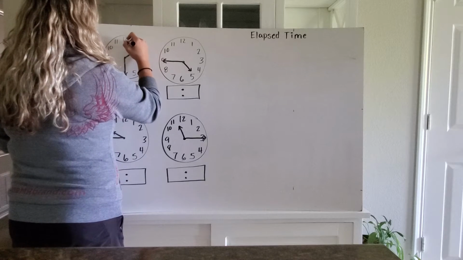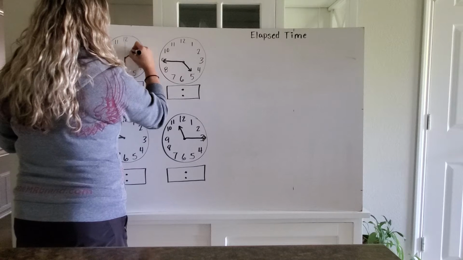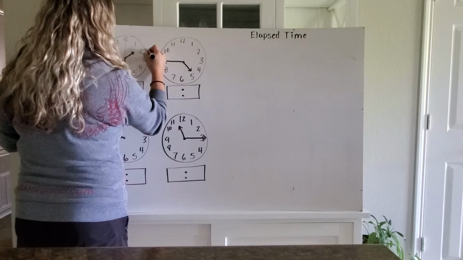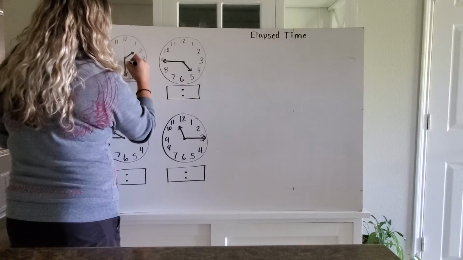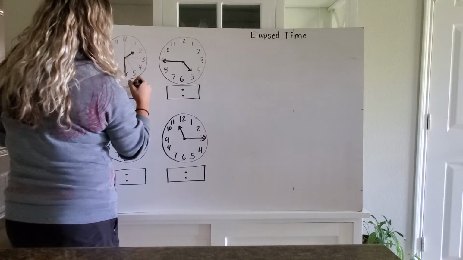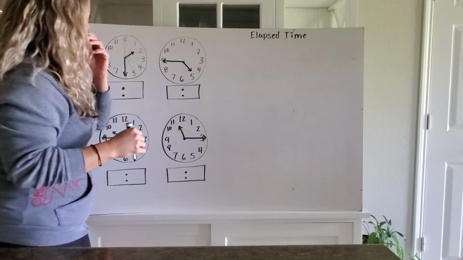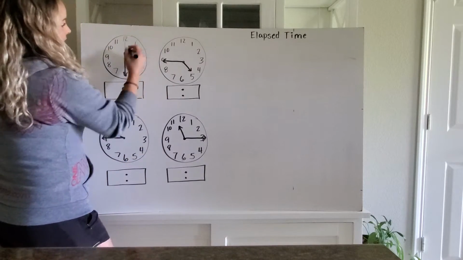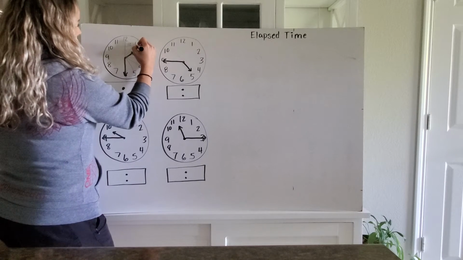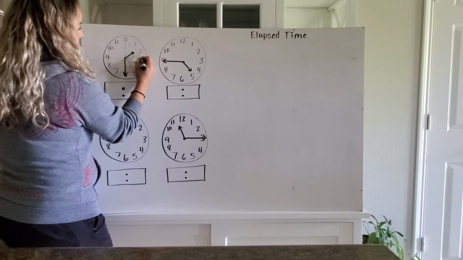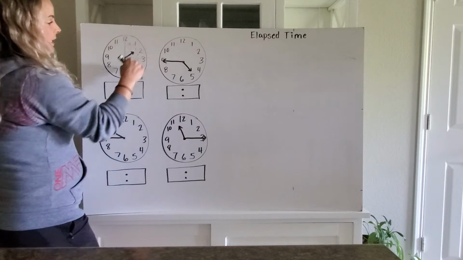If I start breaking this clock up into equal parts, this is the 12 o'clock parking spot, the 1 o'clock, the 2, the 3, the 4, the 5, and we can keep going.